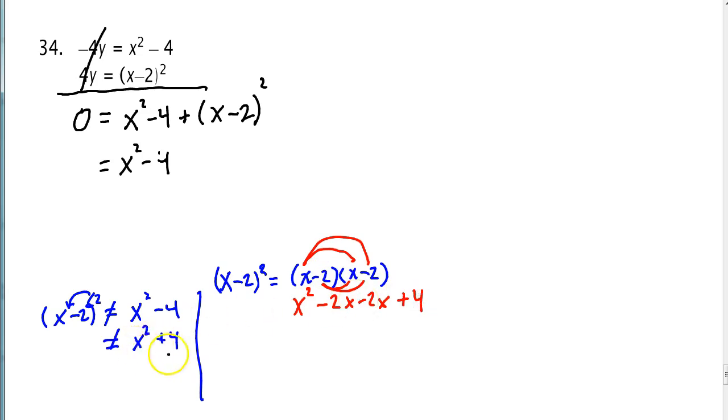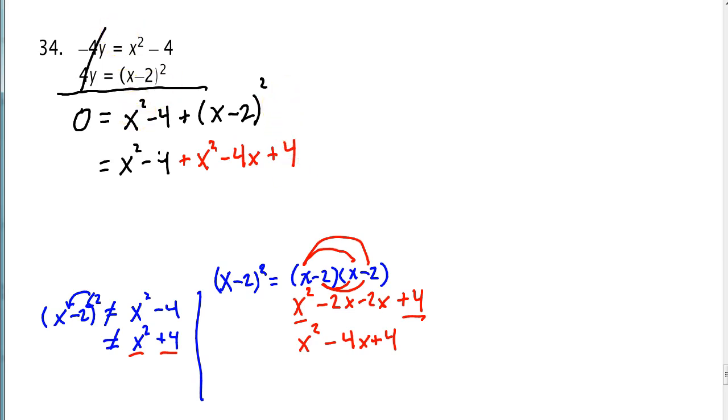So you get something close to this answer right here. You get an x squared, and you get a +4, but you do not get these two middle terms. So -2 minus 2 is -4x plus 4, which is the correct expansion for this. So we're going to add on x squared minus 4x and then plus 4.